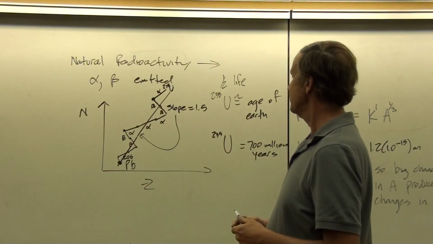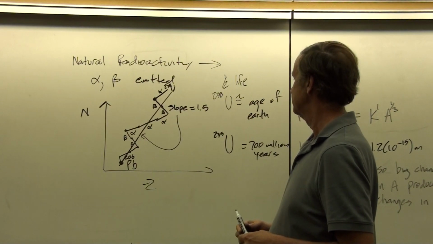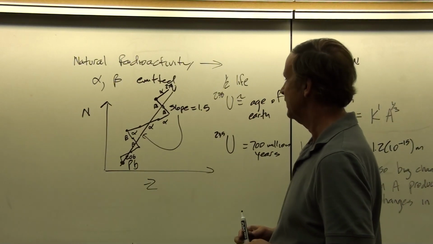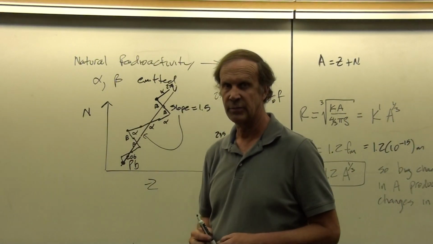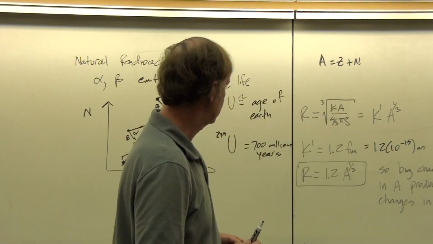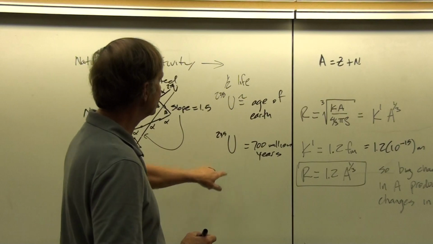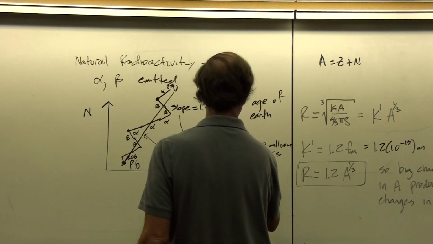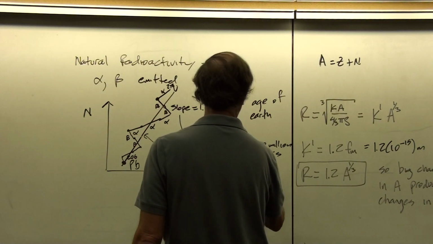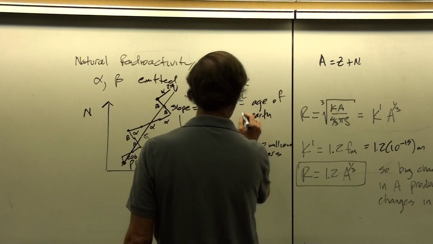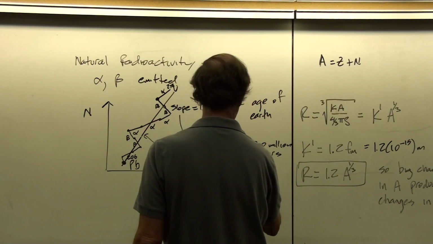Were our two principal sources of fissionable material that we used to make the atomic bomb back in World War II. But U-235 is rare on the Earth. It's less than 1% of the total amount in a radioactive sample.